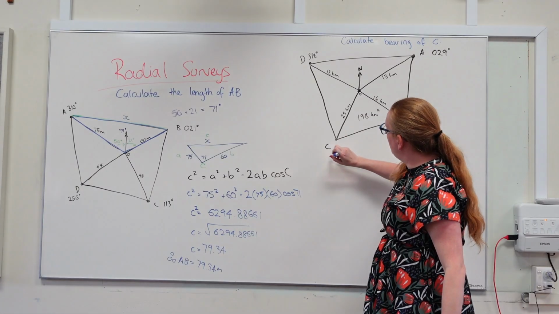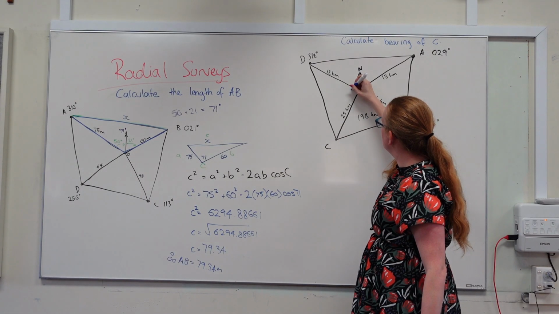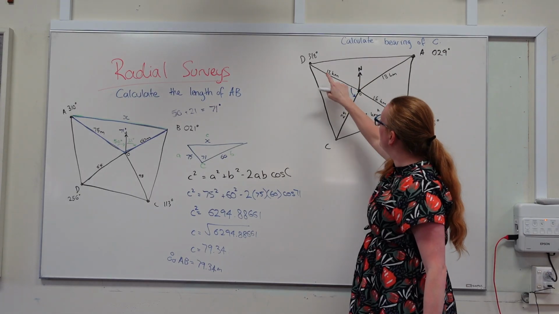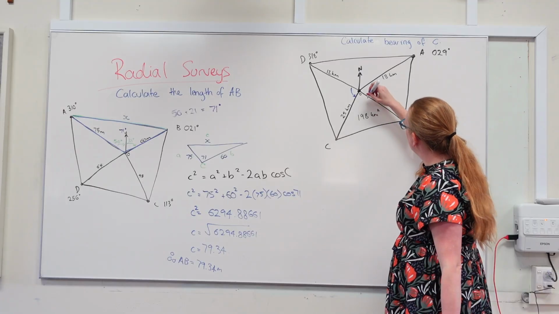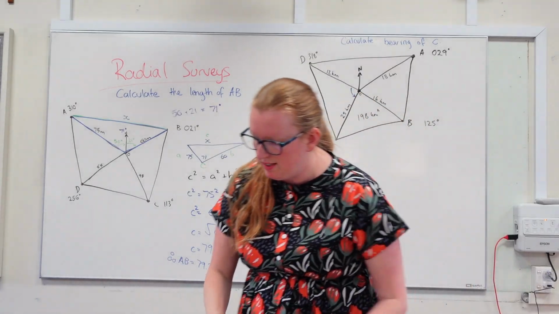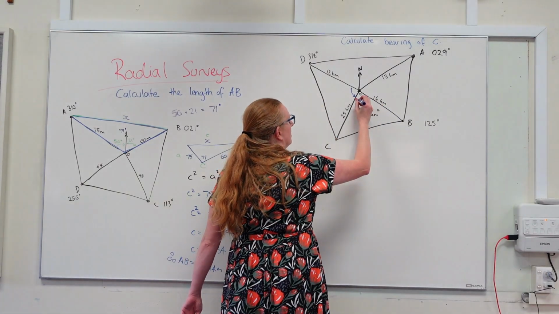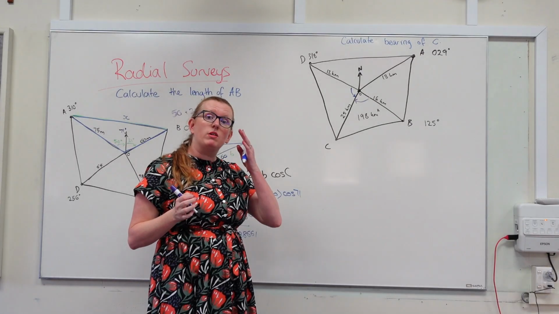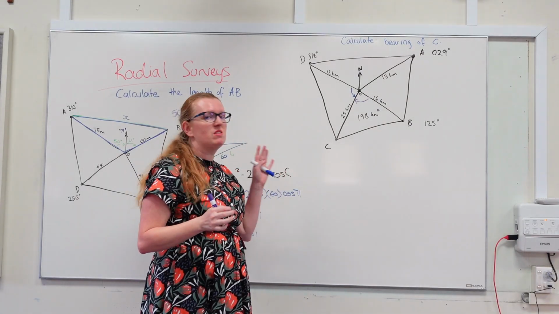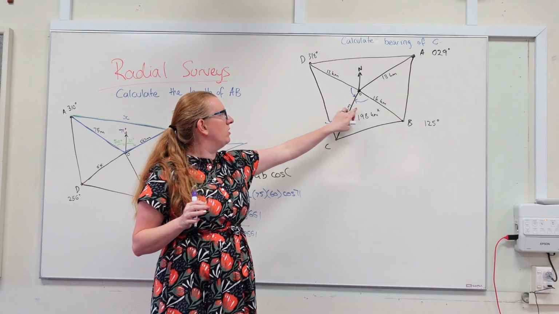In order to find this bearing, I'm either going to have to find the size of this angle in here and minus it from 318, or I can find the angle in here and add it to 125. So I've just got to have a look around and see what other piece of information will help me to find either that or that.